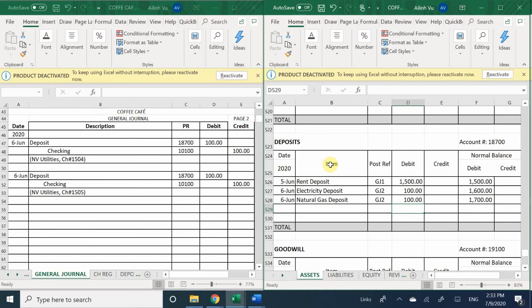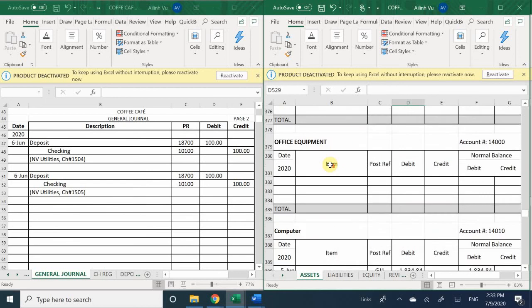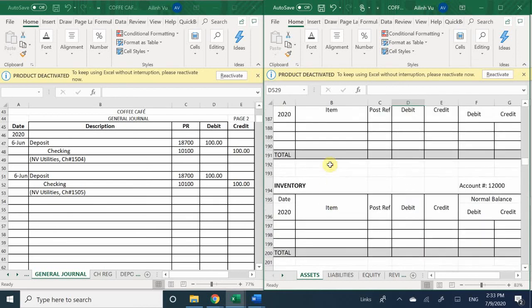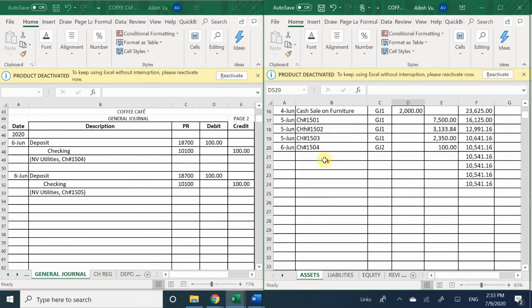Okay, thank you. Then we're gonna go up to checking, and we're going to update our checking. I'm only gonna write check number 1505, and this was general journal number 2.